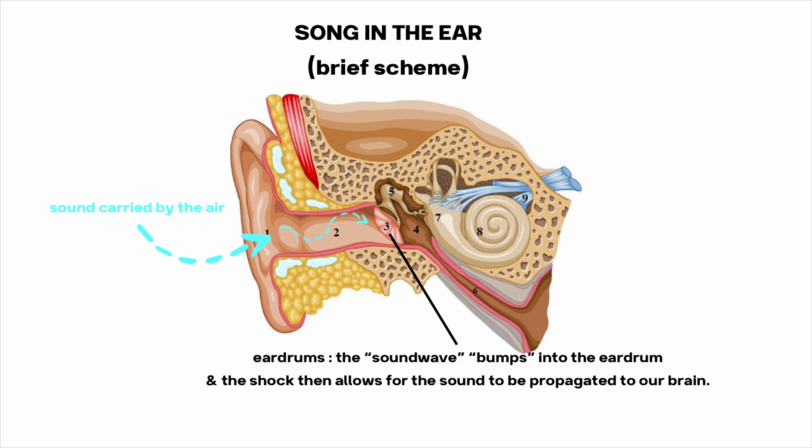So the sound arrives to our ears and enters our auditory canal as it is carried by the air, and then it has to hit our eardrums and produce a surface shock in order for us to hear the sound.